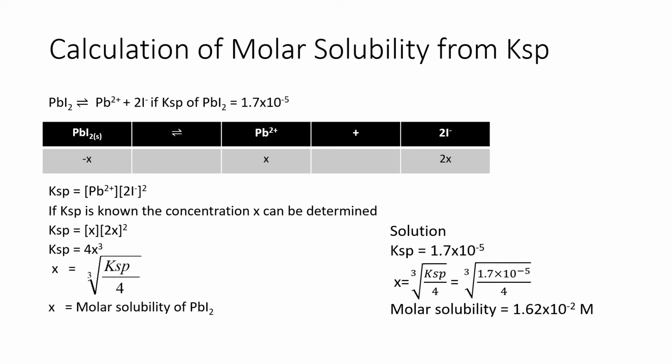So if you write the equilibrium constant expression, then we can replace the values with X. So this is what we see here. Ksp is equal to, we replace the value of Pb2+ using the X value from here, and we replace the value of iodide with 2X, and then we get Ksp equals 4X cubed.